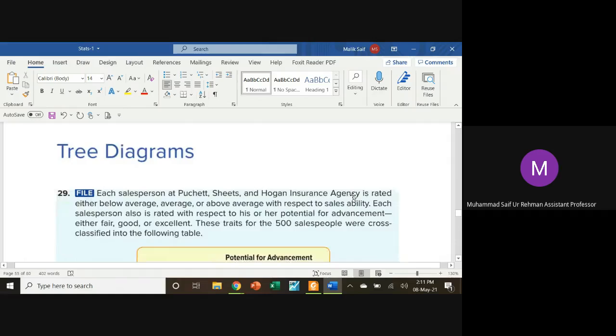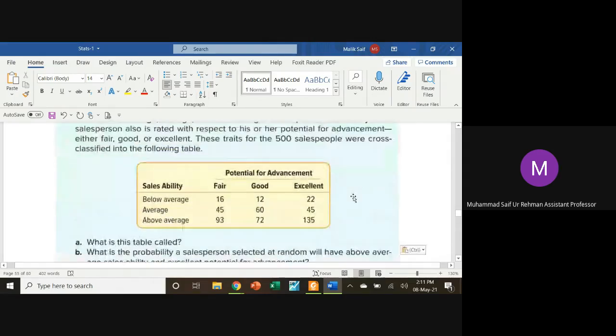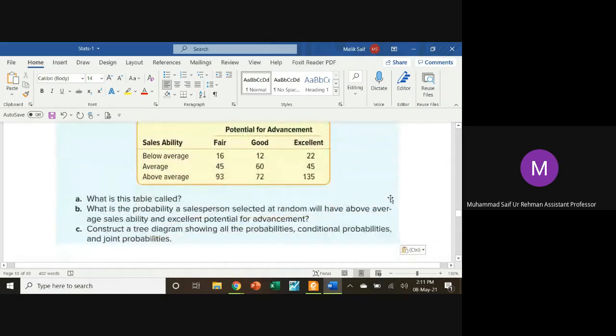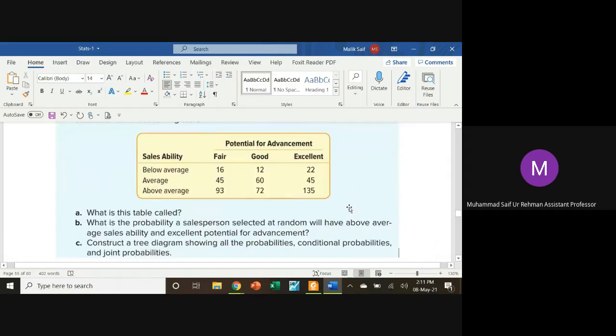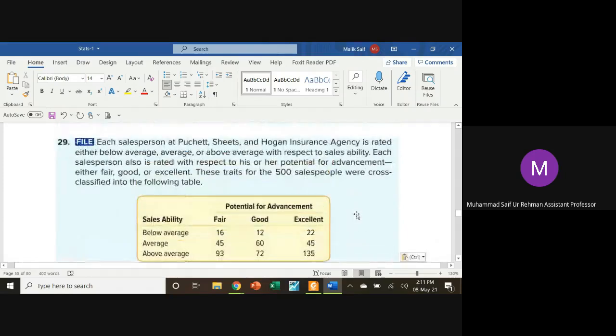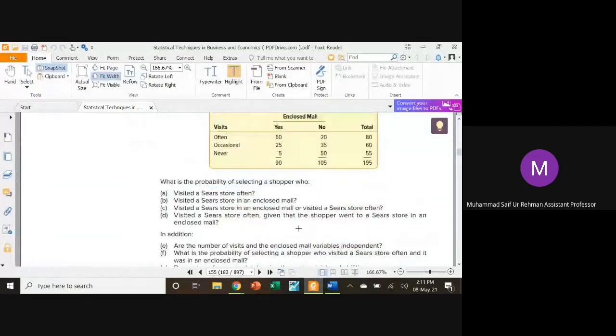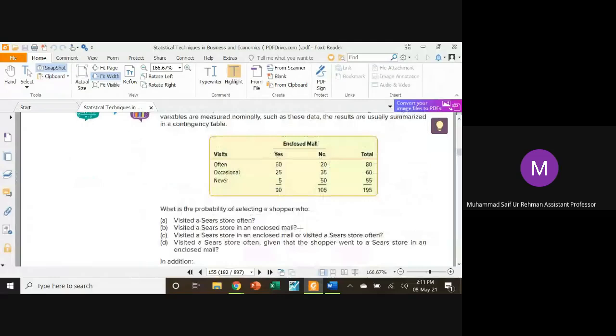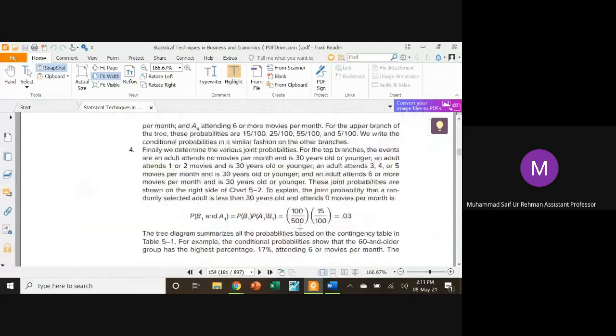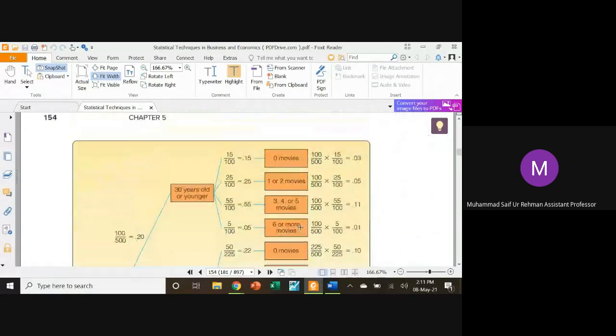So what are these tree diagrams? Tree diagrams are basically the diagrams in which all possible probabilities are covered. So where we write down all possible probabilities, that tree is called tree diagram. Because it looks like a tree, like this.